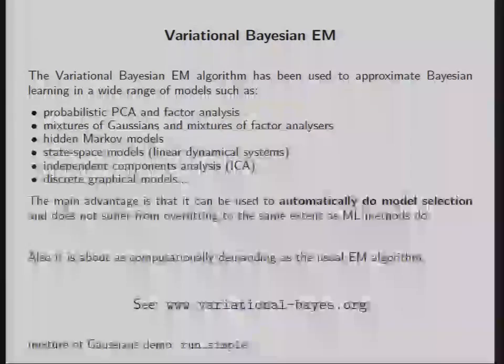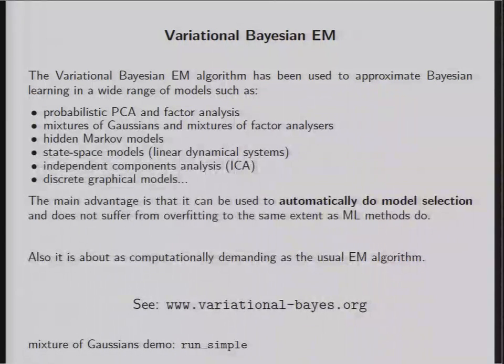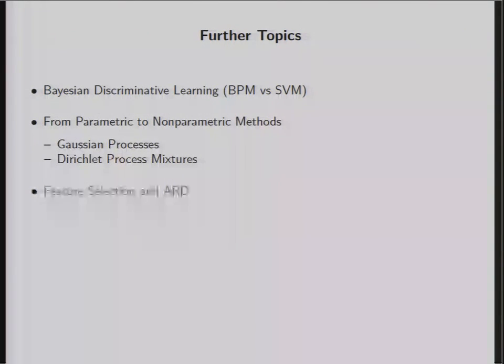Okay, so we finished off with Variational Bayesian EM as a way of doing approximate inference in a Bayesian model. It's very widely applicable to all sorts of models, like you see listed here. I showed you the example for mixture models. What I want to do is just talk a little bit about these further topics that I tacked on at the end.